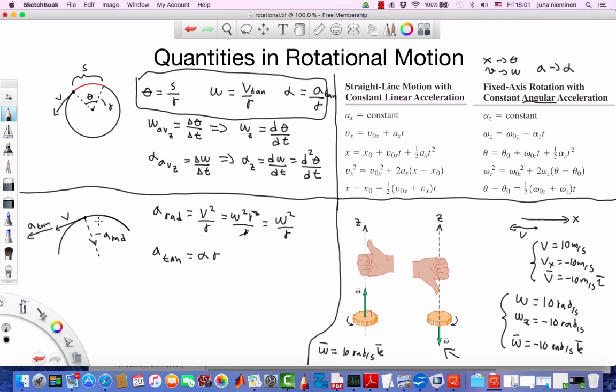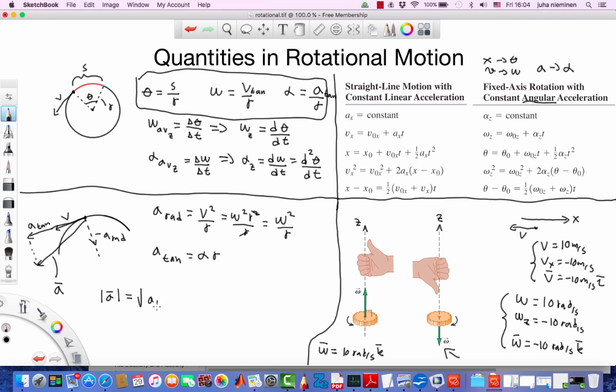And here we have the a radial. So the total acceleration of this object is the vector sum of the two. So let's say this reaches all the way here. So we have the tangential component and the radial component. Hence, the total acceleration would be the vector sum of the two, like this. So that's the total acceleration in this case. We can then, of course, calculate the magnitude of the total acceleration, and that is just the square root of the Pythagorean sum.